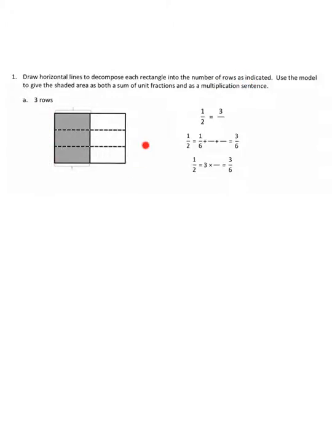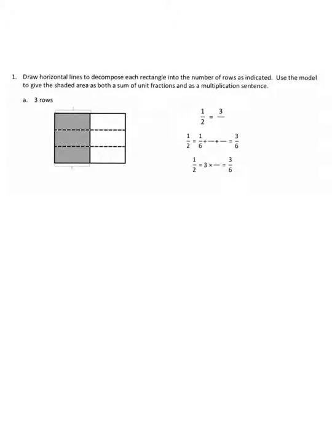When they say the 3 rows as indicated, that's what they mean right here. So we need to take our area model and break it up into 3 rows. That doesn't mean we're making 3 lines. We're just taking those 2 lines and making 3 separate rows, because we want to show 1/2 is equivalent to another fraction that has a numerator of 3, and we have to figure out the denominator.